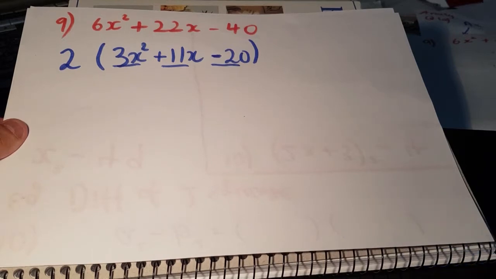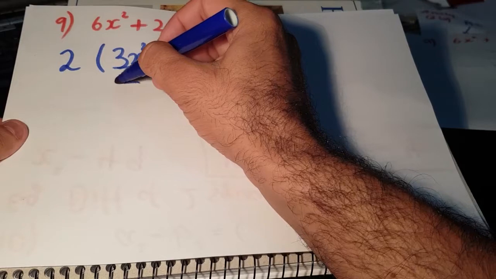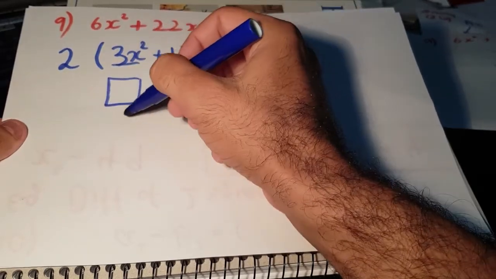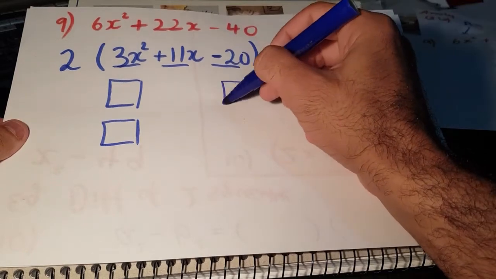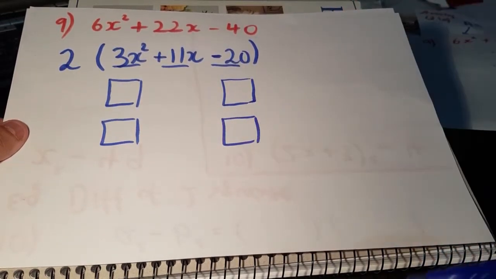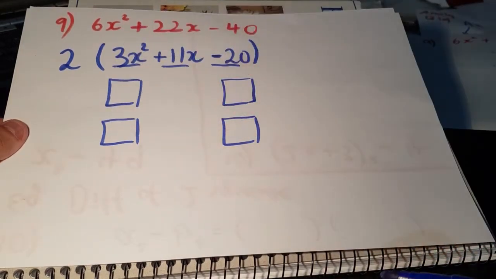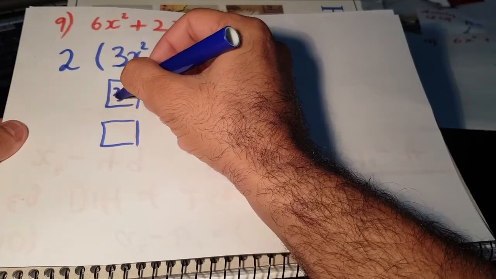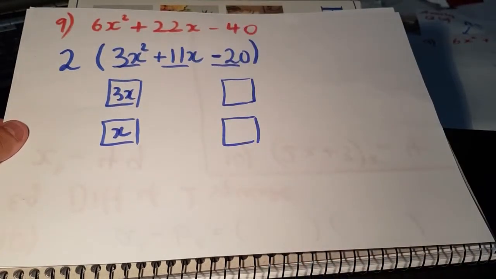Before I tackle this question, we should find the factors of 3x squared, and the factors of negative 20. This one will be a lot easier because we have a prime number, so you'll only get 3x and x. But in this scenario, you've got many factors.